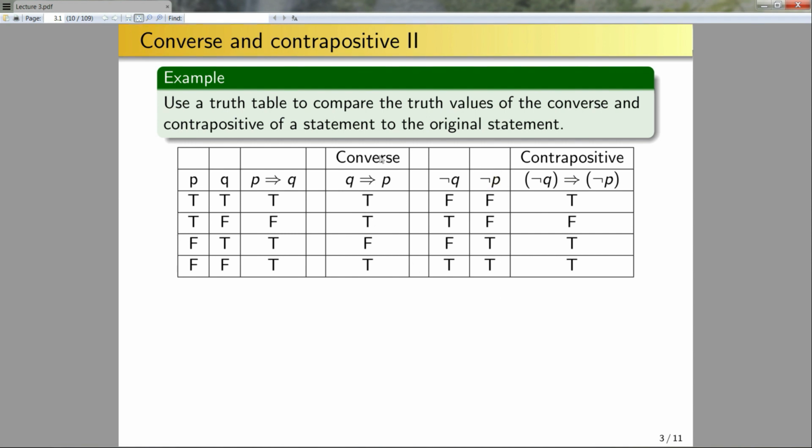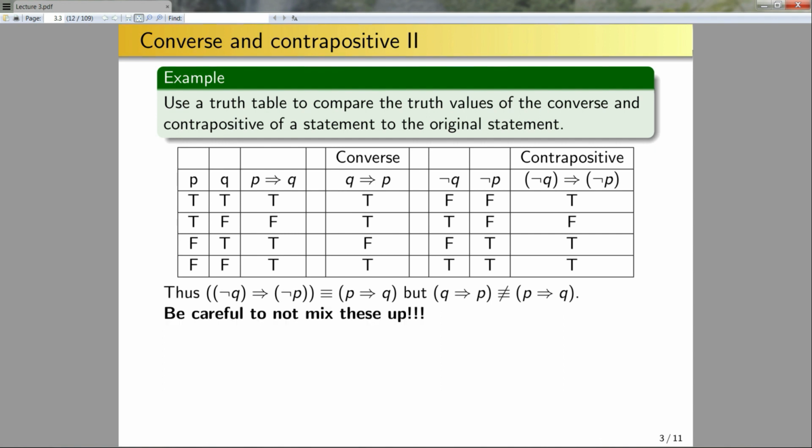So here I can notice that the contrapositive has the exact same truth table as the original statement. On the other hand, the converse does not always have the same truth values as the original statement. So thus, I can claim that the contrapositive is equivalent to the original statement, but the converse is not equivalent to the original statement.